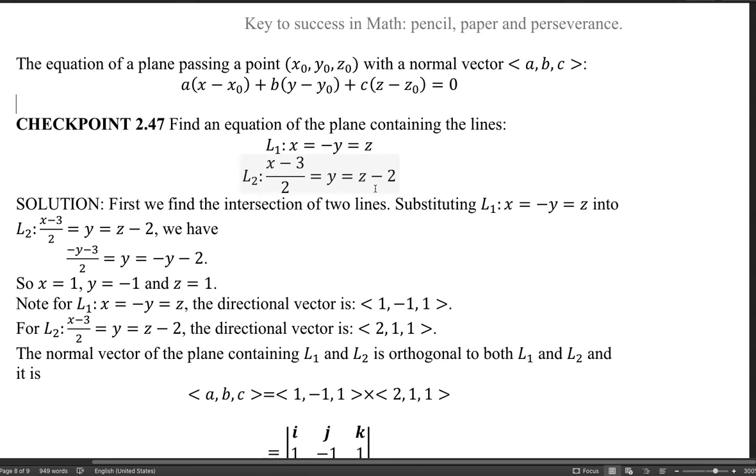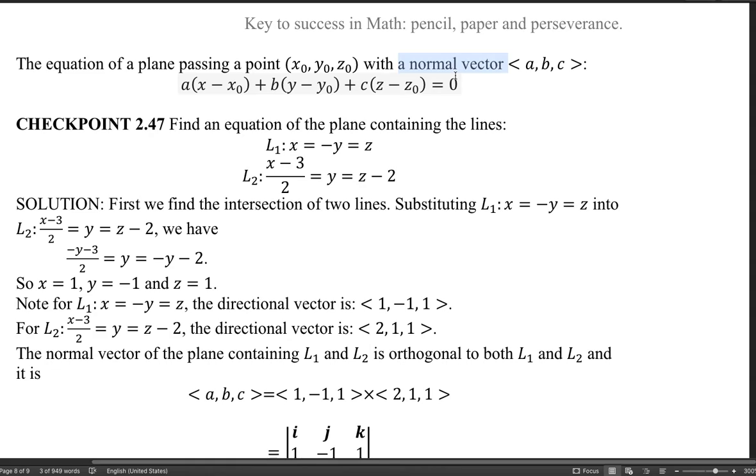The plane we are looking for will have to pass through those two lines, line 1 and line 2. And the normal vector, put simply, is a vector perpendicular to the plane. Think a little further, using a pen and a piece of paper, to see if it makes better sense.